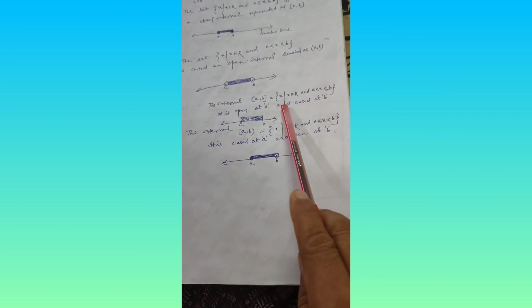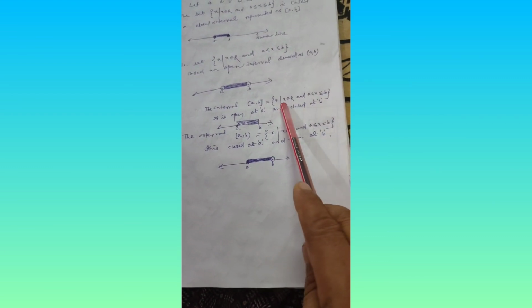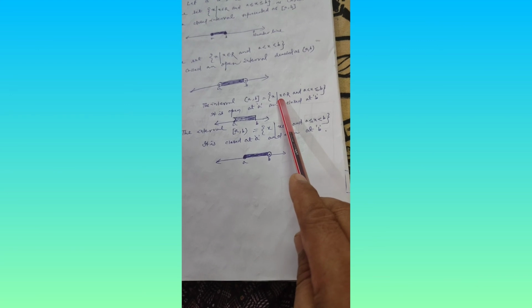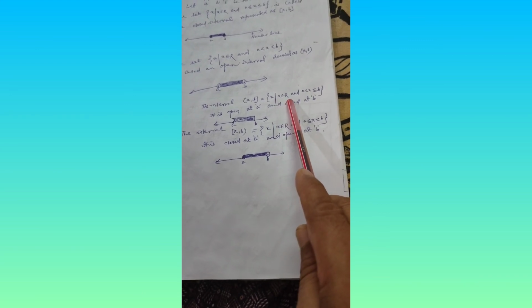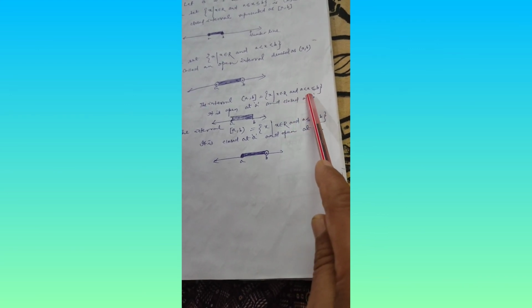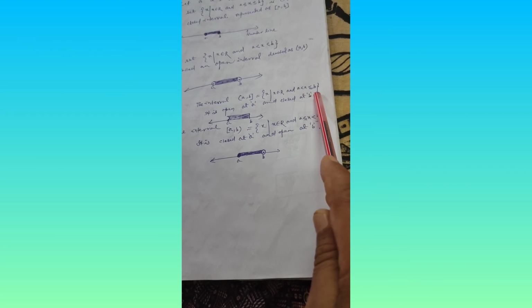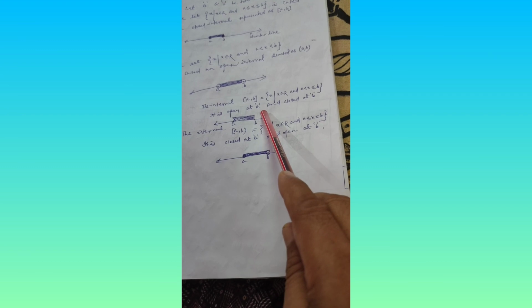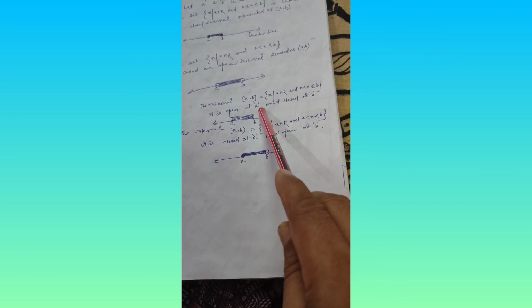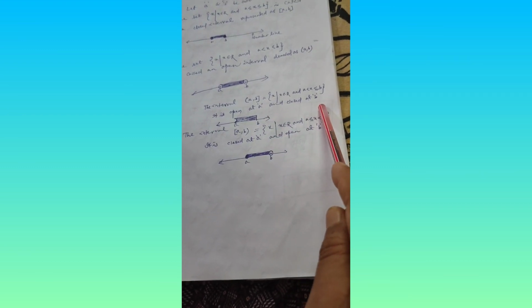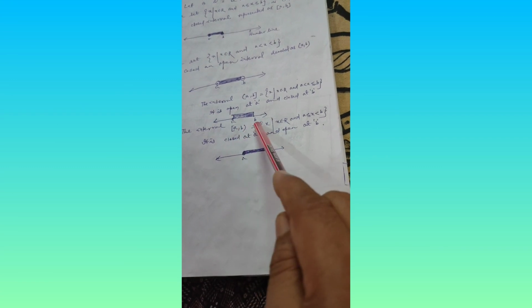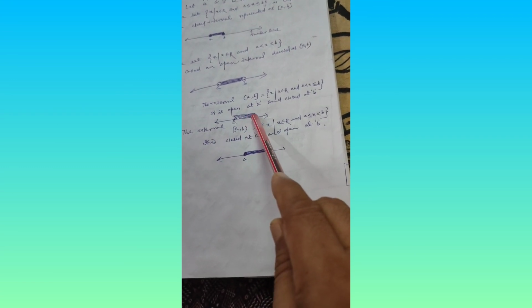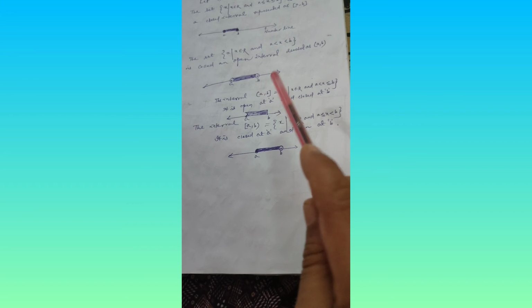The interval, which is the set of all x such that x is a real number and a is less than x and x is less than or equal to b, is an interval which is open at a and closed at b. This set is represented on the number line as shown in this diagram.